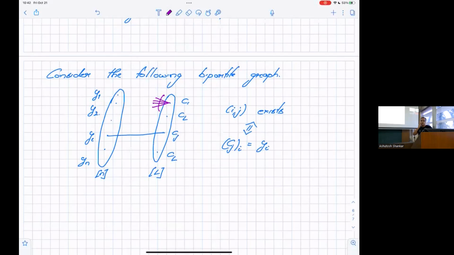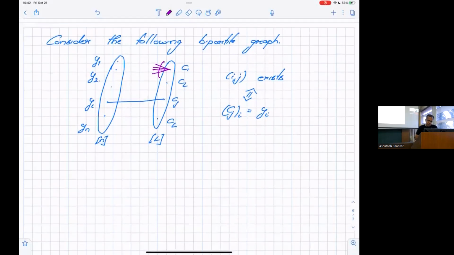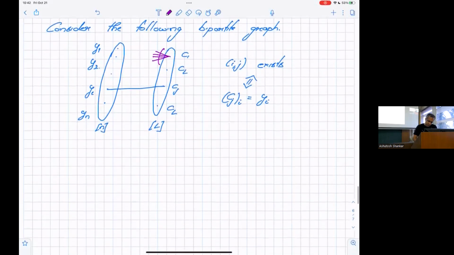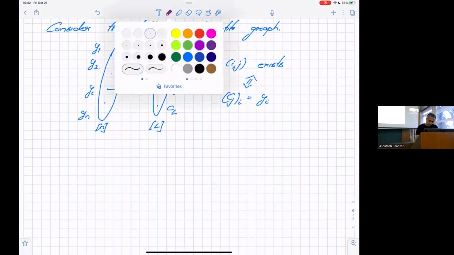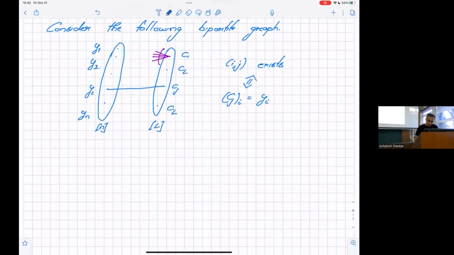That's n minus tau. Okay, so I want to say it's a lower bound, right? Yeah, it's a lower bound.